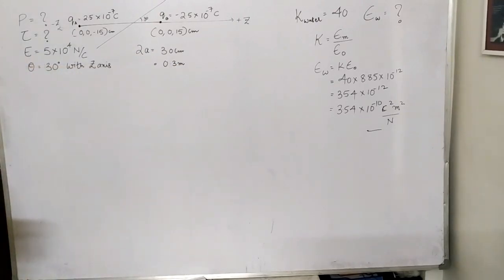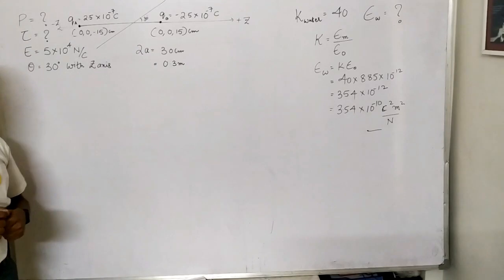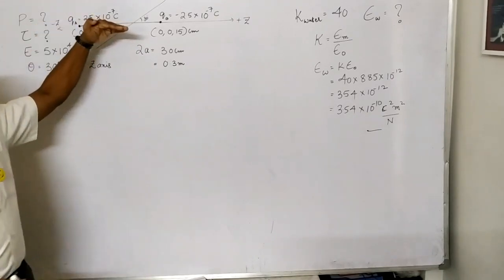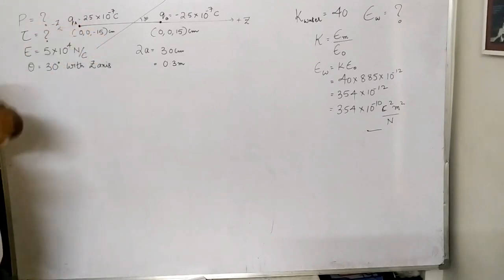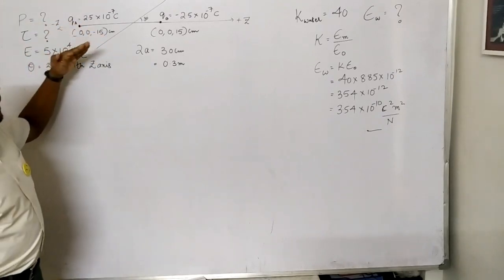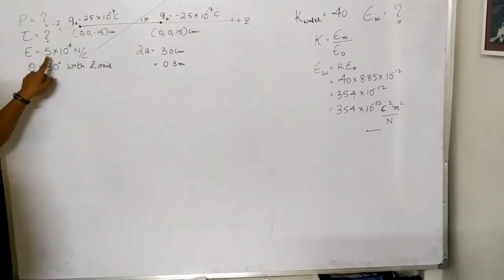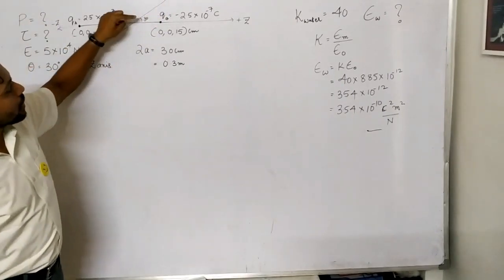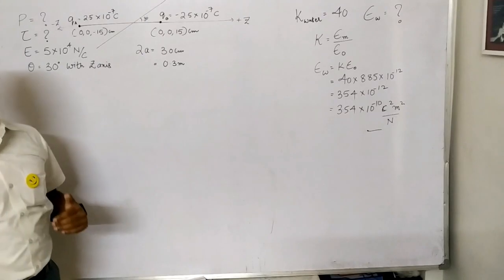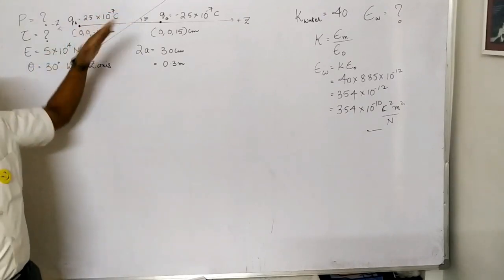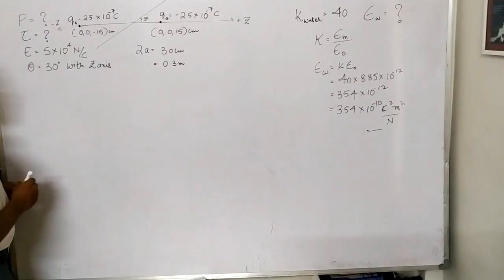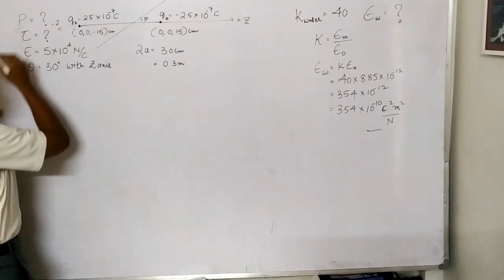What are they asking us? They're asking us to find the dipole moment and the torque acting on this dipole, because this dipole is placed in an electric field of 5 into 10 to the power of 4 Newton per coulomb, which is at an angle 30 degrees to the z-axis. So it will experience a torque. We got to find out the torque, right? So now we will first find the dipole moment.